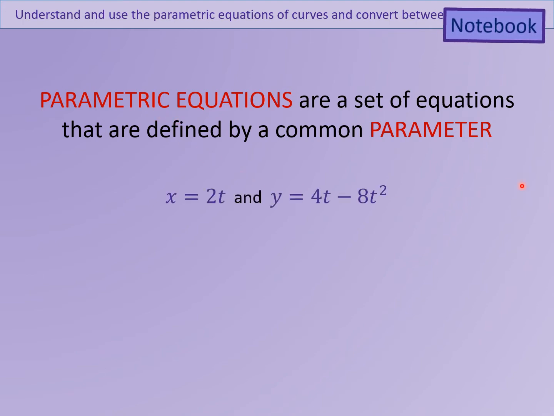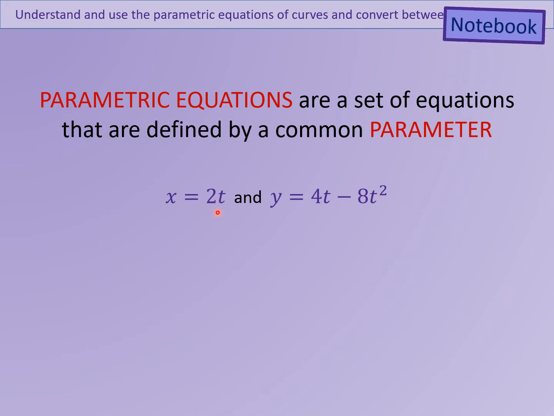Okay, so let's have a look back at that example just to show you what I mean. So x is equal to 2t, y is equal to 4t minus 8t squared. And in that case, you can see that you've got this extra parameter, in this case, t. Now that variable t could be absolutely anything you like. It doesn't have to be t. You'll see some examples later where it's a theta value, as if it's linked by an angle.